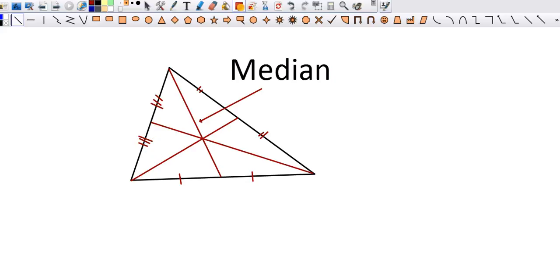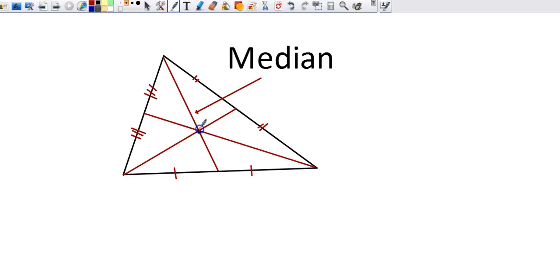About the best I can do. All three segments are called medians. The point that they intersect at, we call that the centroid.